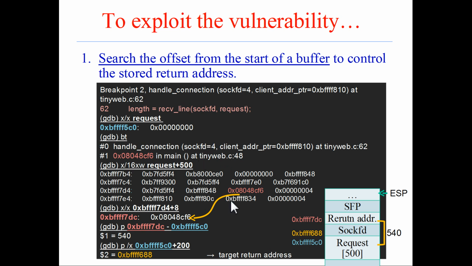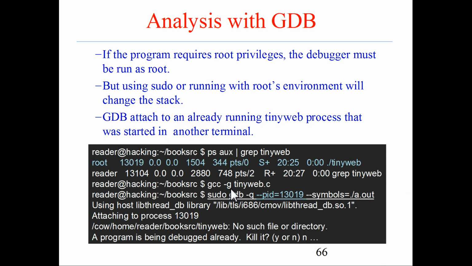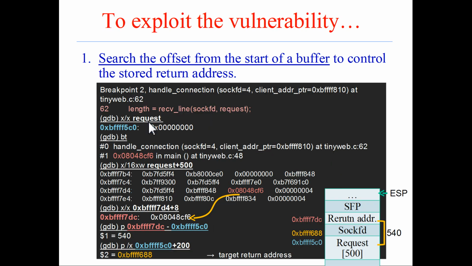So what we are going to have to do is find where this buffer occurs on the stack. If we have GCC specified to provide all the symbols it can, it will provide the symbol names for the variables. So we're able to just tell GDB to tell me what is that request. And so request will be at this memory location, and it will be all zeros because it's zeroed out.